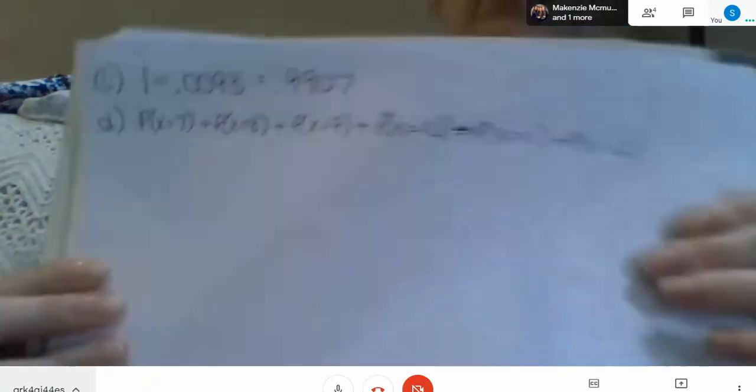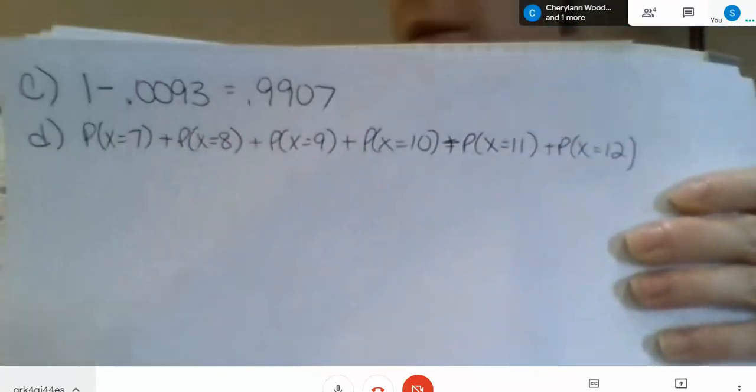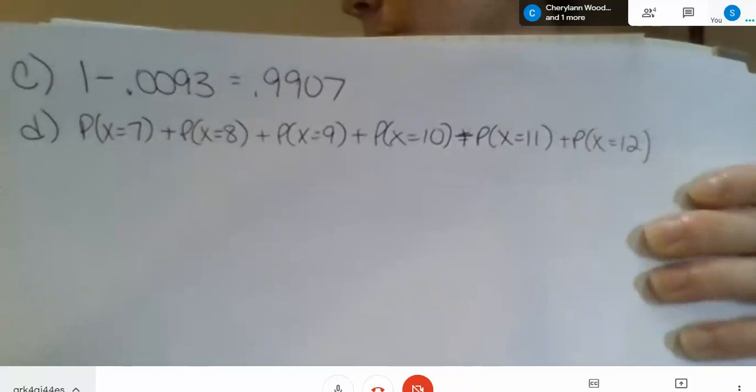Inclusive means including those. So what you have to do is add up the probabilities for 7, 8, 9, 10, 11, and 12. Okay, we can get all of those from the table.